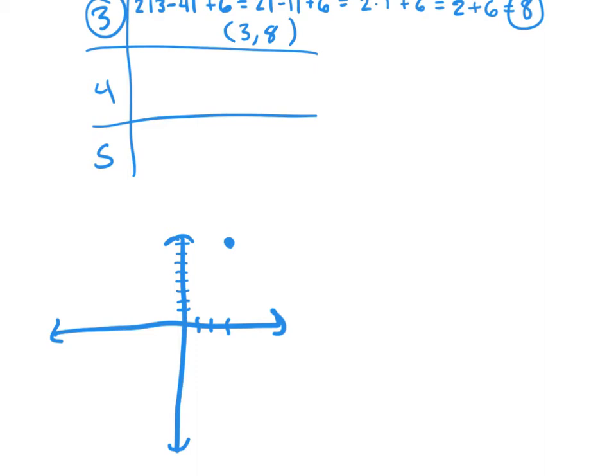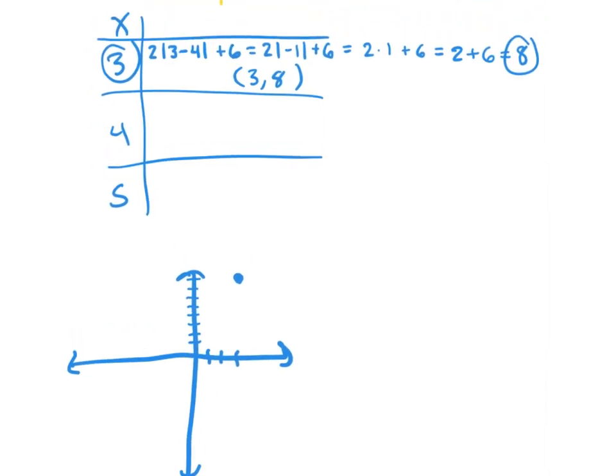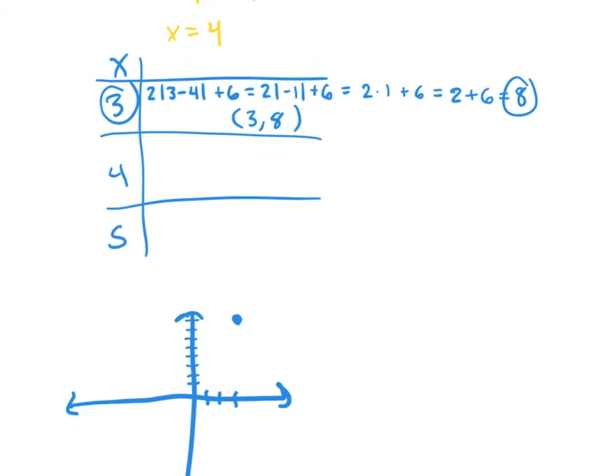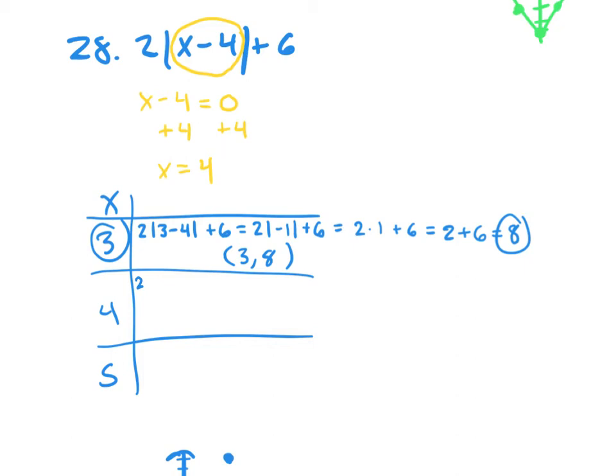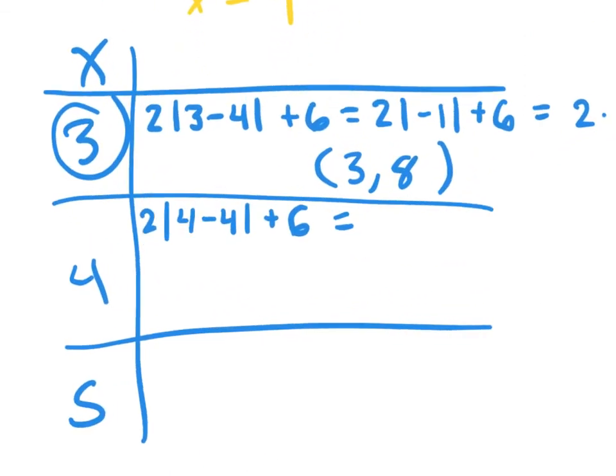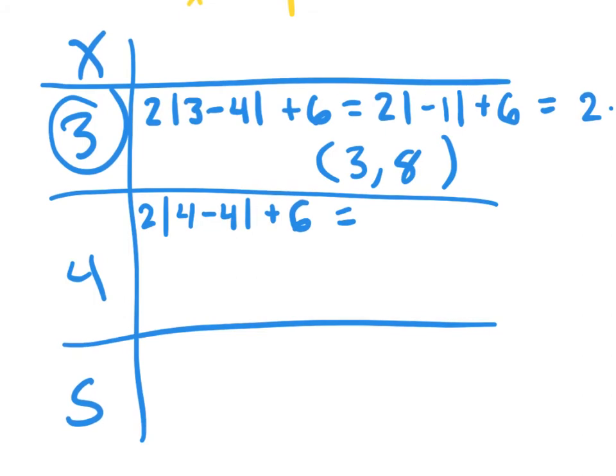What do I do next? Plug in 4. So we're plugging 4 into 2 times the absolute value of x, so we plug in 4 there, minus 4 plus 6. What do we do first here to solve? Subtract. 4 minus 4. What's 4 minus 4? 0.